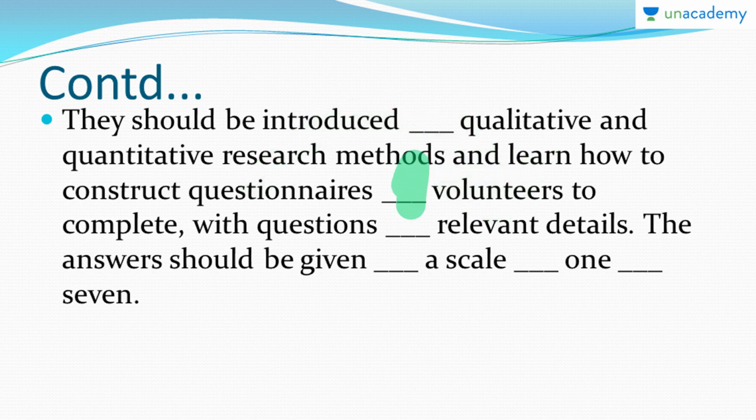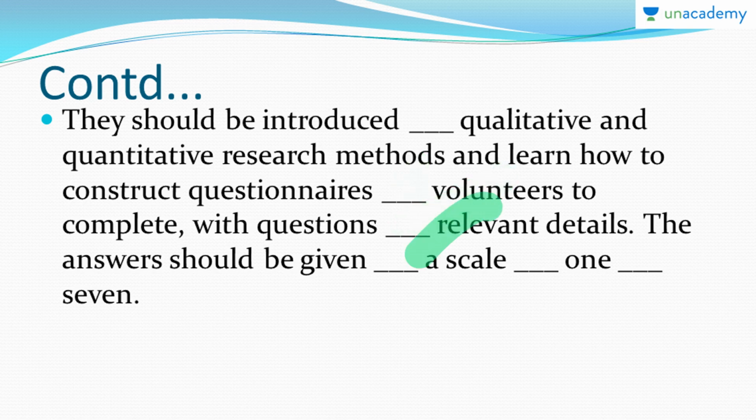To complete with questions ___ relevant details: in this one we will have questions on relevant details. Details are the basis of the question, right? That is why we will have "on" here.